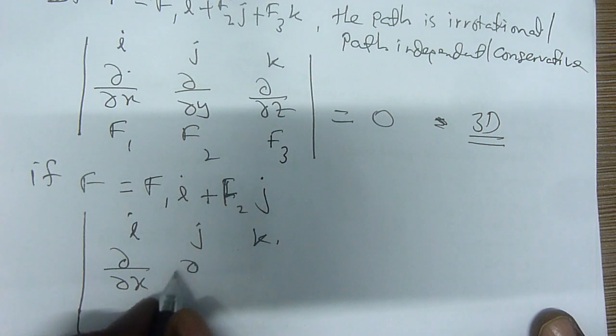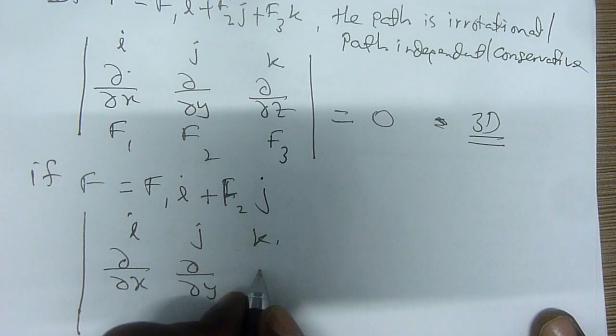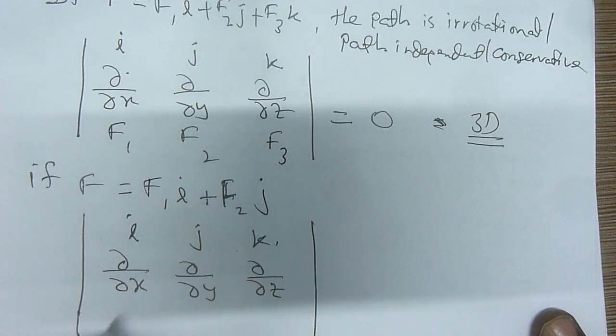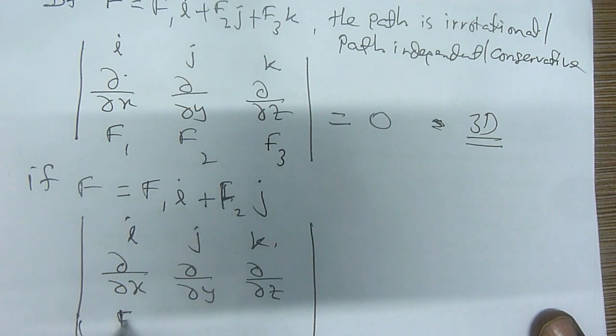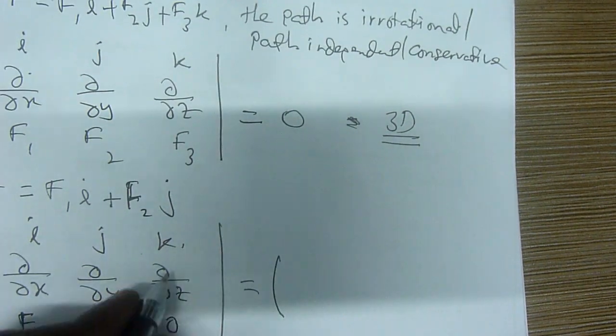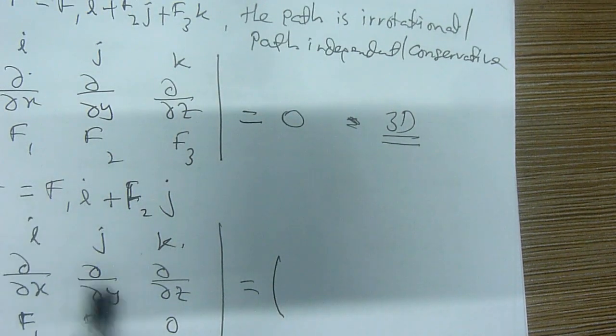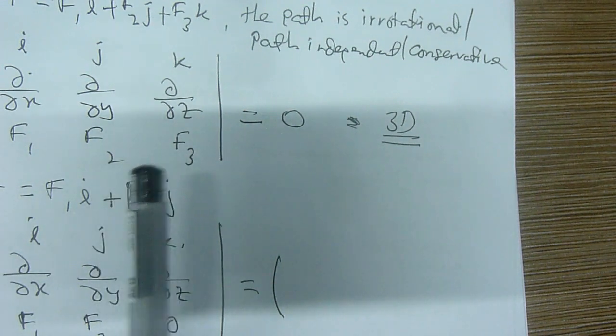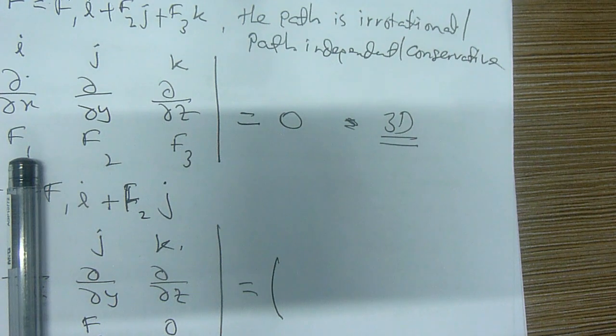Del y, del z, but the function here k is 0, right? Therefore you can use f1, f2, 0. When you solve this problem, you get this overall 0, right?